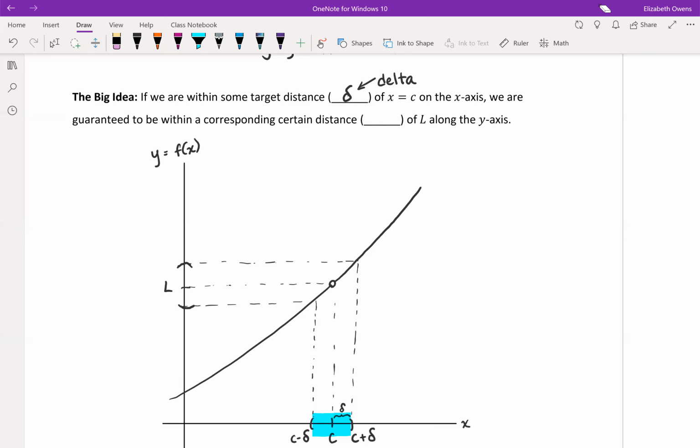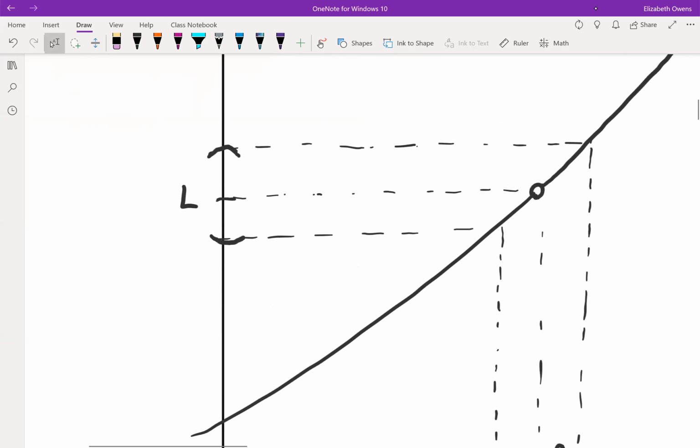This little distance in the y direction, we are going to call epsilon. So we would have L plus epsilon and L minus epsilon bordering that region along the y-axis.